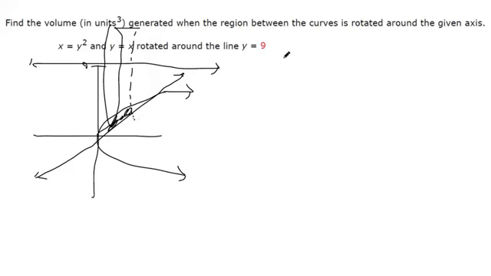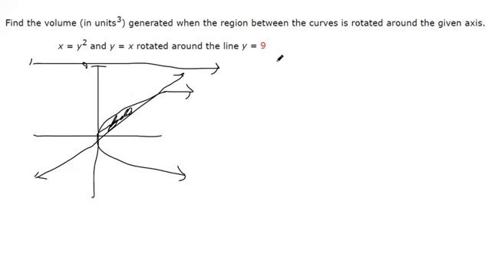That means I want to integrate with respect to x for this problem. So x is my variable, because dx represents that infinitely small height for each of these cylinders that we're drawing.